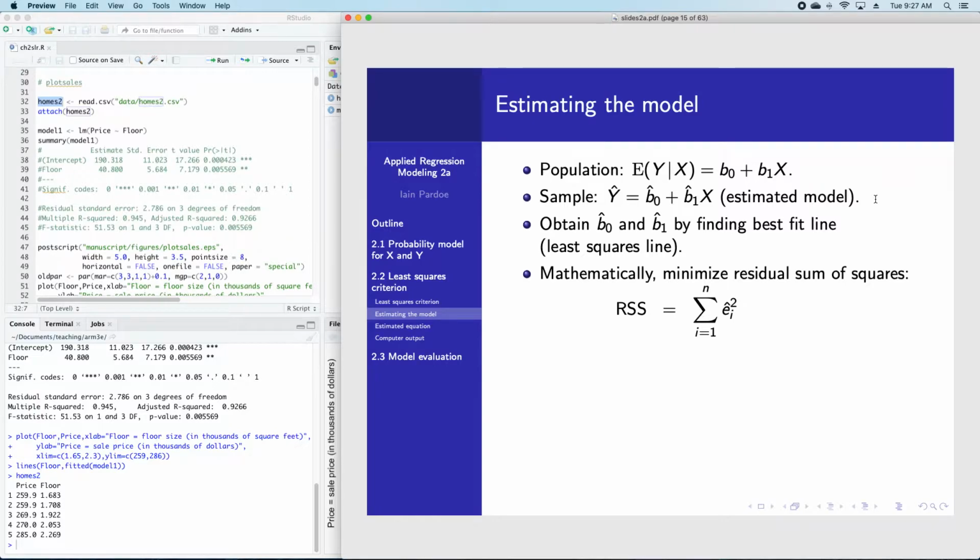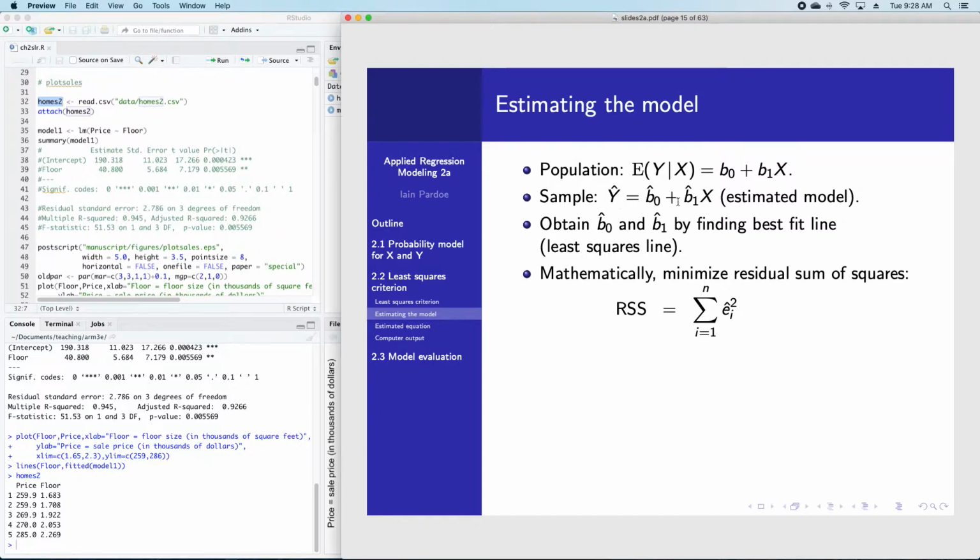We have sample data, and we're going to use our sample data to estimate the model. The notation that we're going to use here is y hat represents the fitted value of y, b0 hat represents the estimated y-intercept, b1 hat represents the estimated slope, and x is the input floor size.